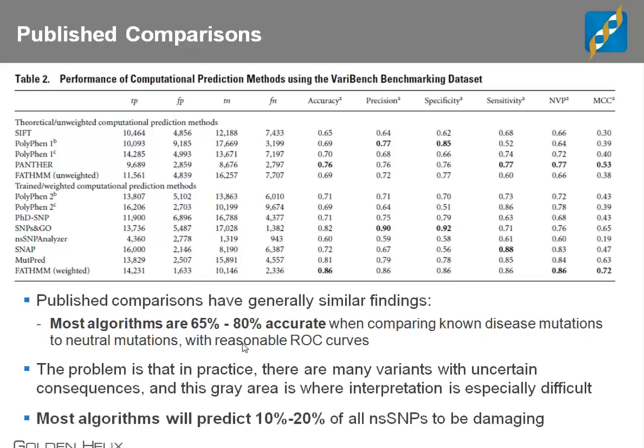And I don't have any ROC curves here to show, but you generally see they've got pretty good sensitivity and specificity. The issue is that in practice, there's a lot of variance with unknown consequences, and that makes interpretation really difficult. If you break it down, you'll see most of these algorithms will predict between 10 and 20% of all non-synonymous SNPs to be damaging.